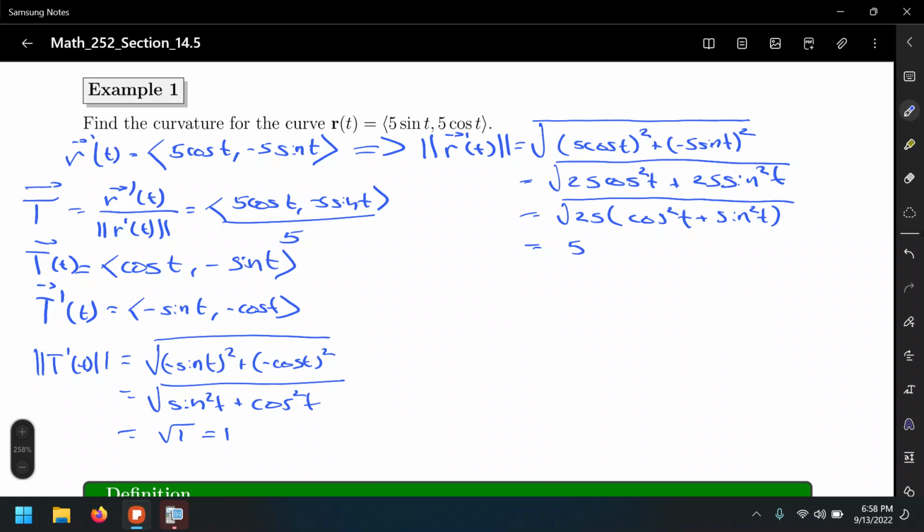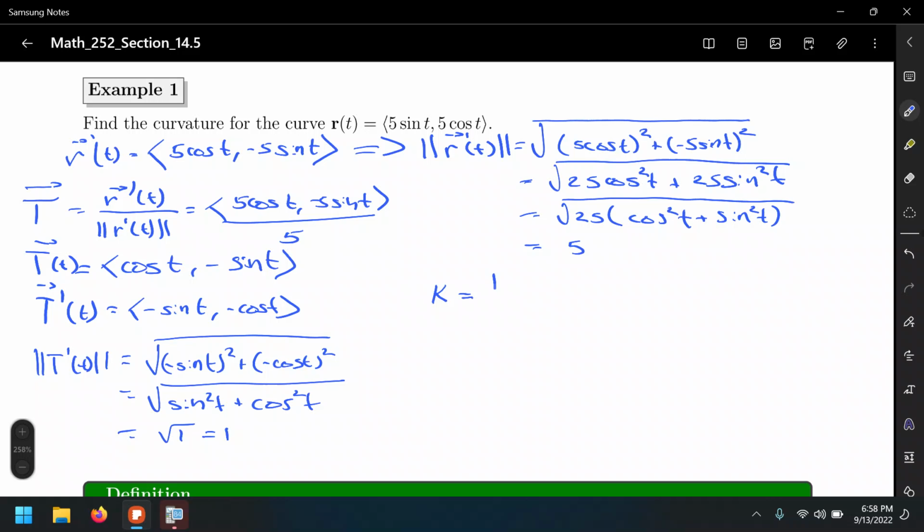So we have everything that we need. So now we may go about finding the curvature, which is given by this kappa. That's actually the letter K from the Greek alphabet, but it looks like uppercase K, but it's actually very tiny. It's kind of weird, but it is.